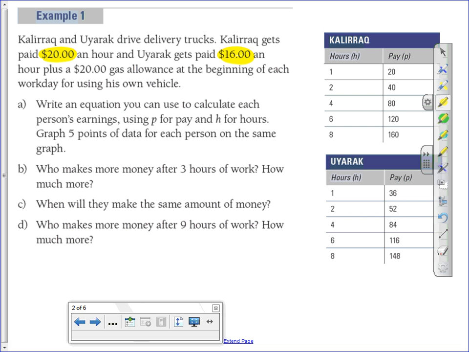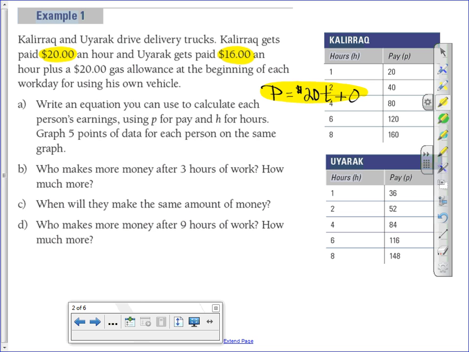Now, one of the things you're going to be asked to do is to create equations to represent the situation. If I want to find the amount of pay that the K person is getting, the amount of pay, I'm just going to use the letter P, is $20 times the time, plus 0 off the start. They do not make anything right off the bat.